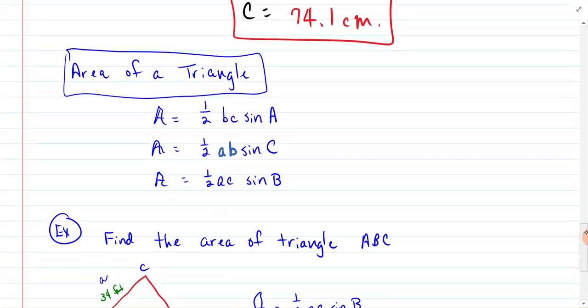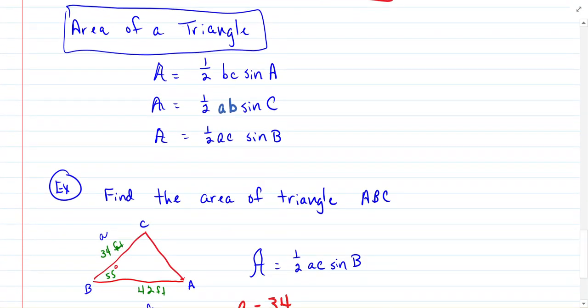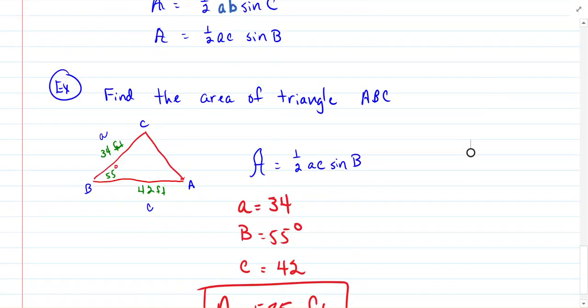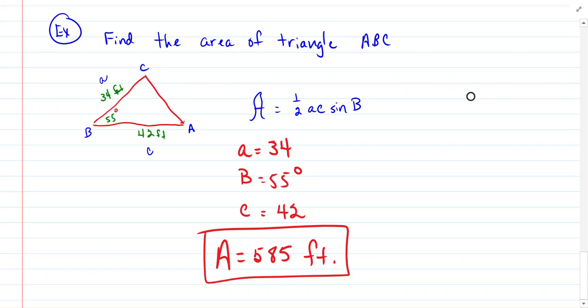There's one other formula that we get here. The area of a triangle can be found by using any of these three formulas, and you would do it depending on which parts you were given. So let's look at an example and see how that would work. It says find the area of the triangle ABC given, and you're given angle B, side a, and side c.